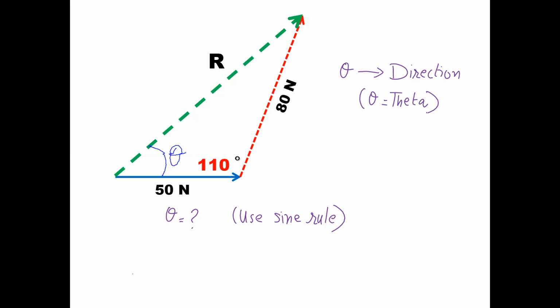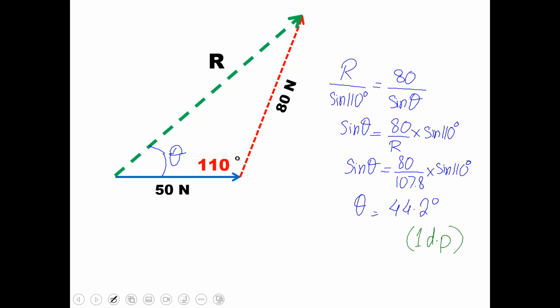Now, what should be our plan? Sine rule is there to help us because sine rule is actually expert in finding the unknown angle. We have the quantity now. We have the value of R with us. So use sine rule. Okay, sir.